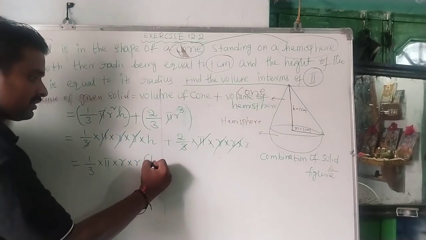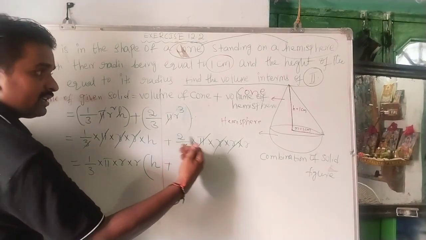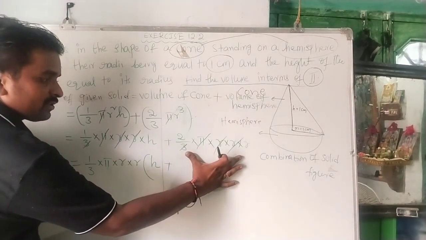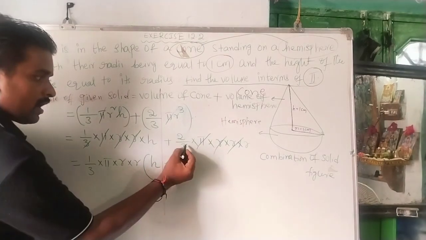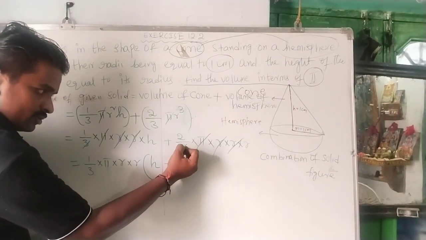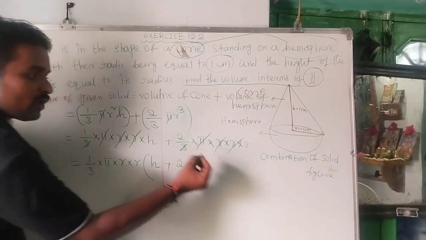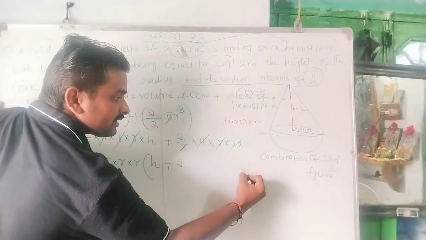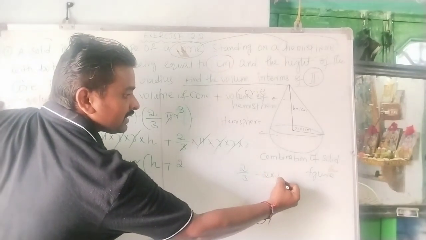So h is left, right? H plus. Next in volume of hemisphere, which one is left? What are the remaining terms? Already 1 by 3 is common, so which one is left? 2. 2 by 3 means 2 into 1 by 3.